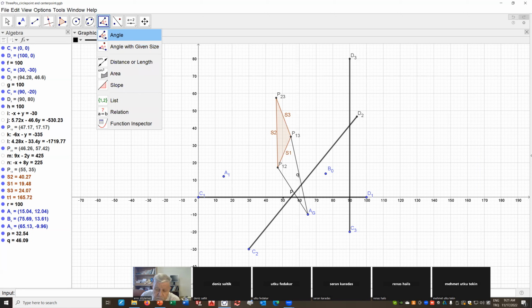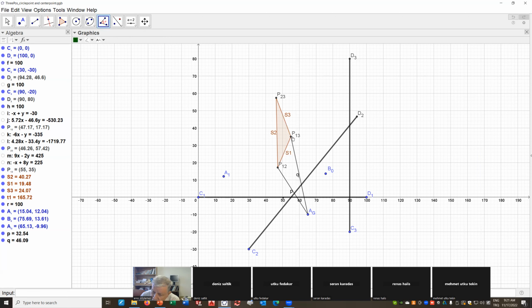So what I do is, I will first measure the angle AG P12 makes with respect to side 1. It is alpha, 122.79 degrees. The angle made by C0 has to be equal and opposite.